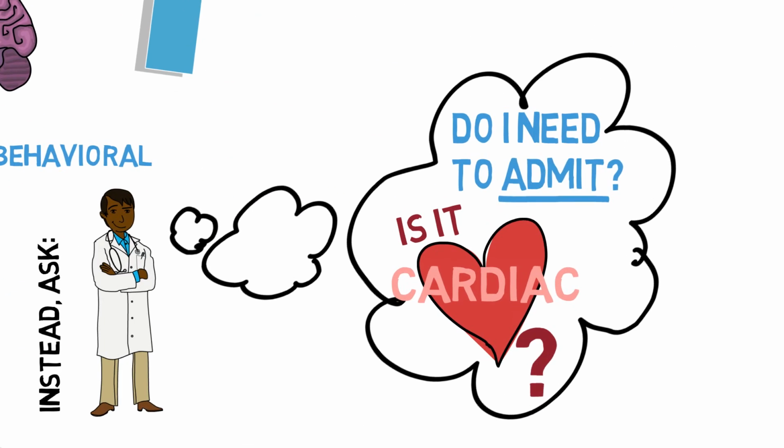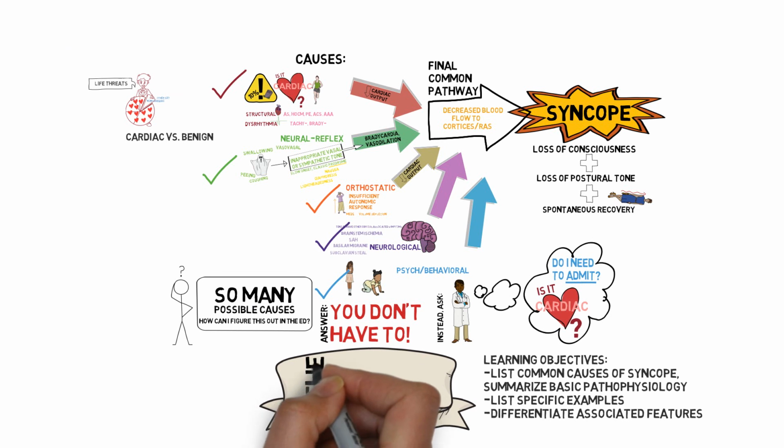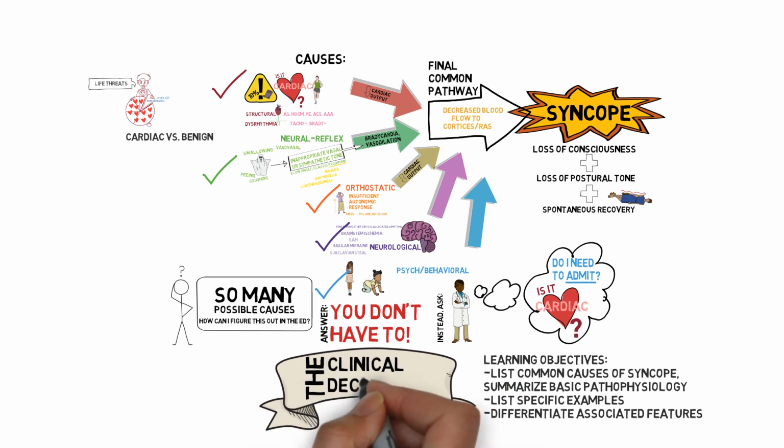And that's okay, as long as we can figure out how risky it is to let the patient return home, and if that risk is too high, we can admit them. So to help us make this decision about whether to admit the patient, let's talk next about our clinical decision rules.